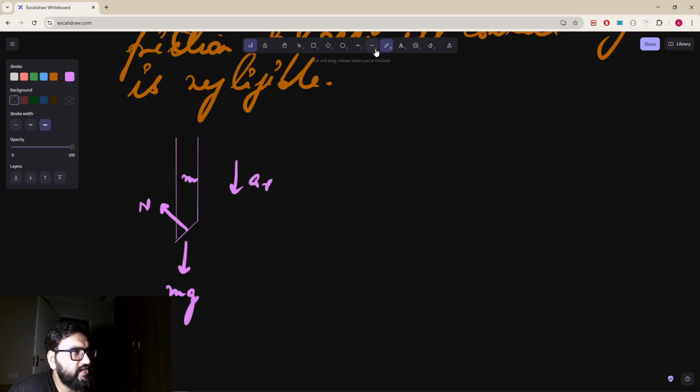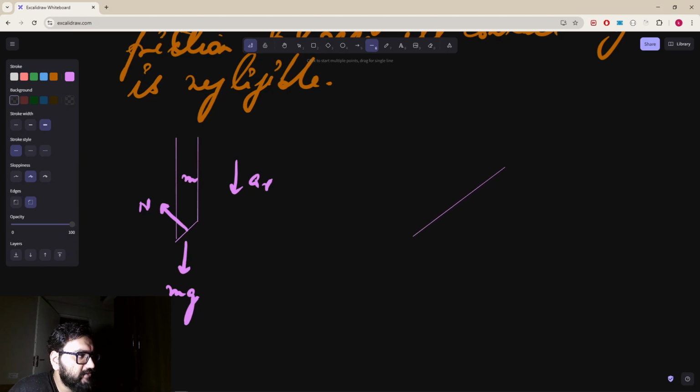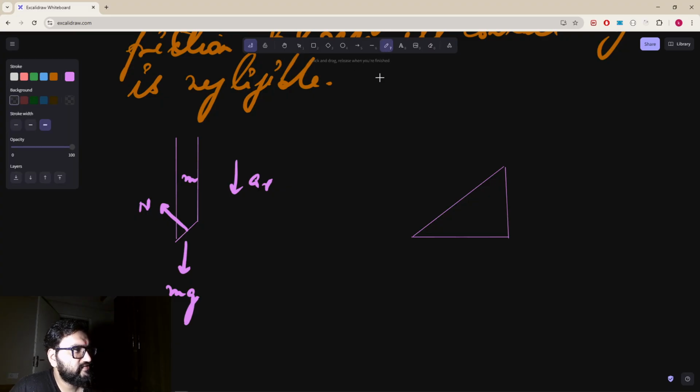Now let's draw the FBD of my wedge. So this is my wedge. There is a normal force acting in this direction, and vertically it's not moving, so I'm not going to consider the vertical forces. The wedge is moving in the horizontal direction, in the rightward direction, with an acceleration of AW.